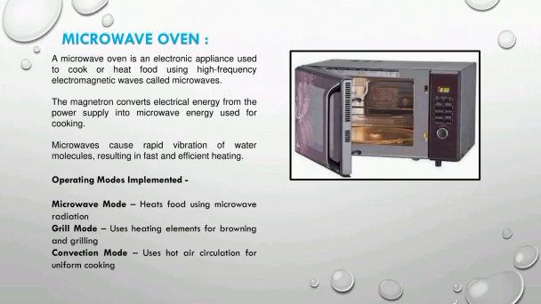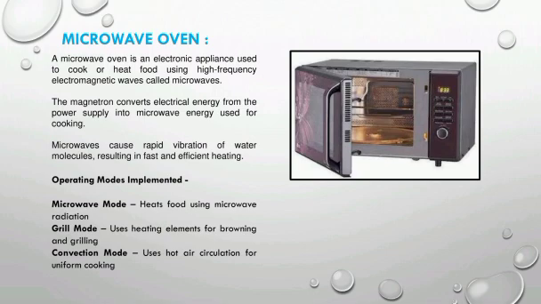In slide 7, a microwave oven is an electronic appliance used to cook or heat food using high frequency electromagnetic waves called microwaves. The magnetron converts electrical energy into microwave energy which penetrates food and causes rapid vibration of water molecules.